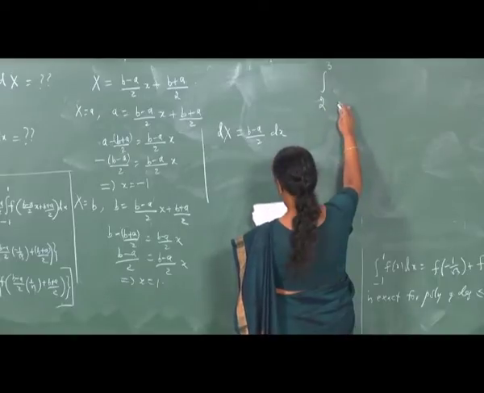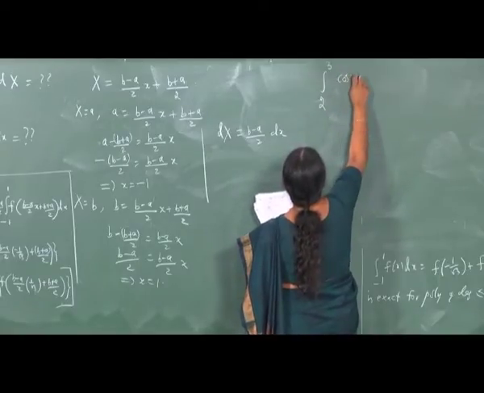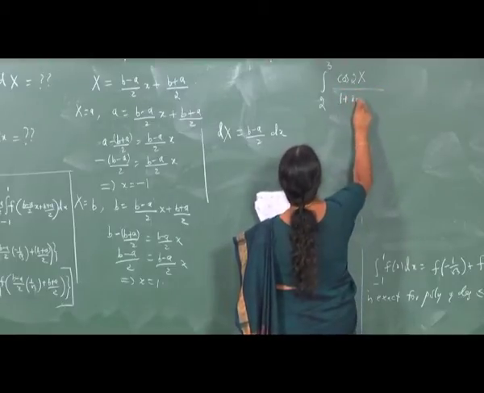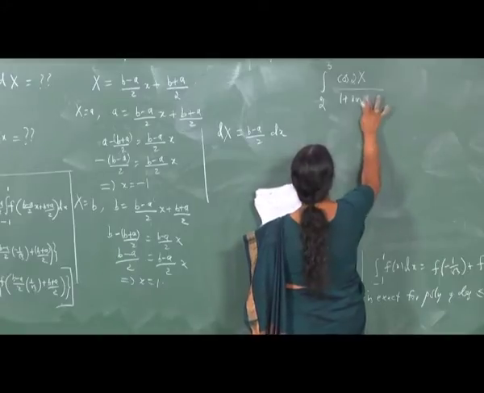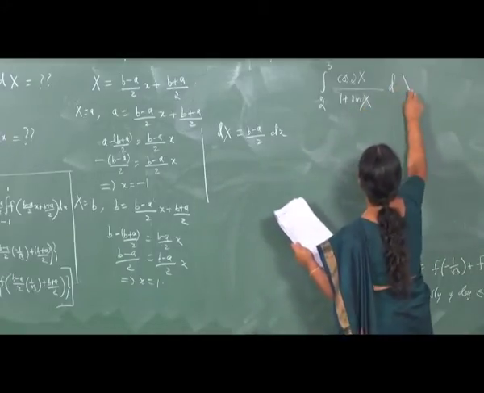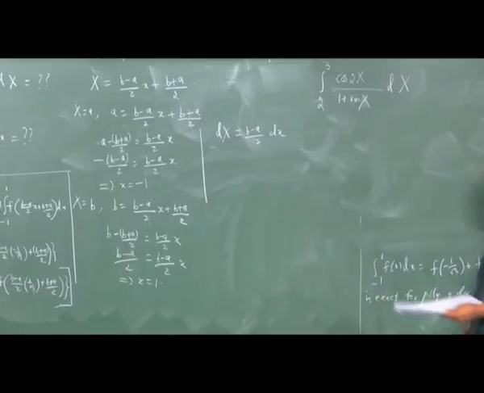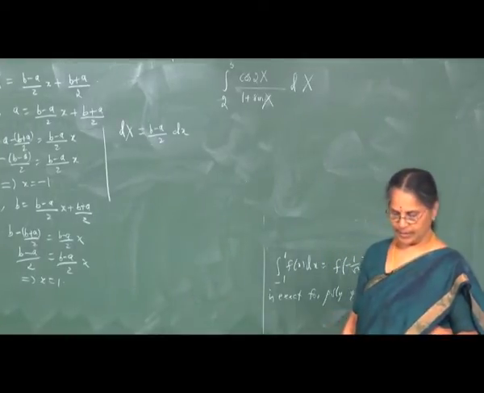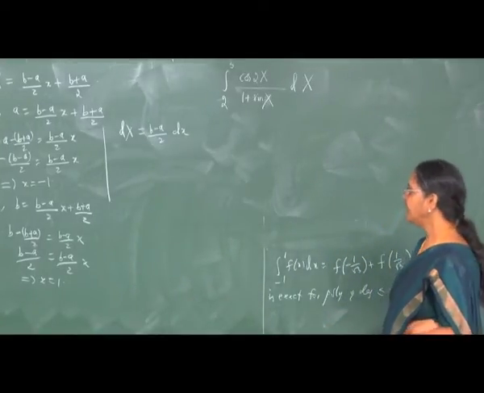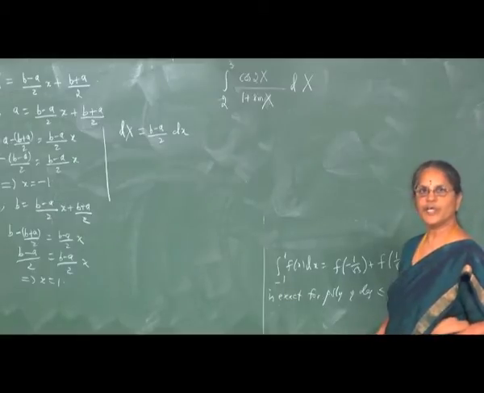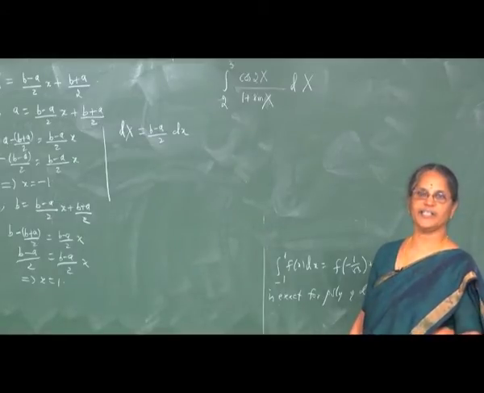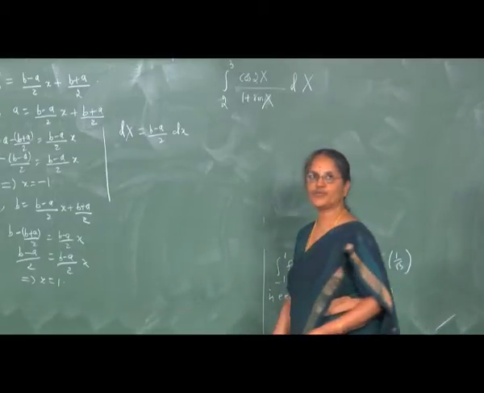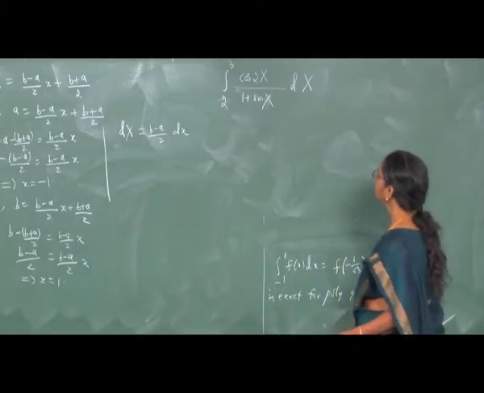So, integral 2 to 3 of cos 2x by 1 plus sin x, with respect to x, using Gauss quadrature method with n equal to 2. We call this the Gauss 2-point quadrature formula. So, evaluate this integral using the Gauss 2-point integration method.